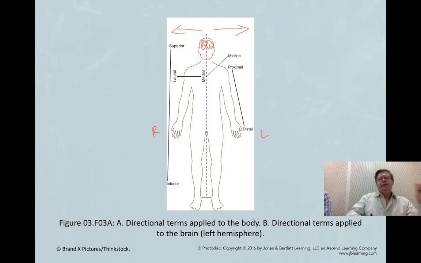And within each of these hemispheres we have a number of structures which in fact are almost identical on both sides. So right hemisphere and left hemisphere structures are very similar. But there are some different functions associated with the right and left hemispheres.